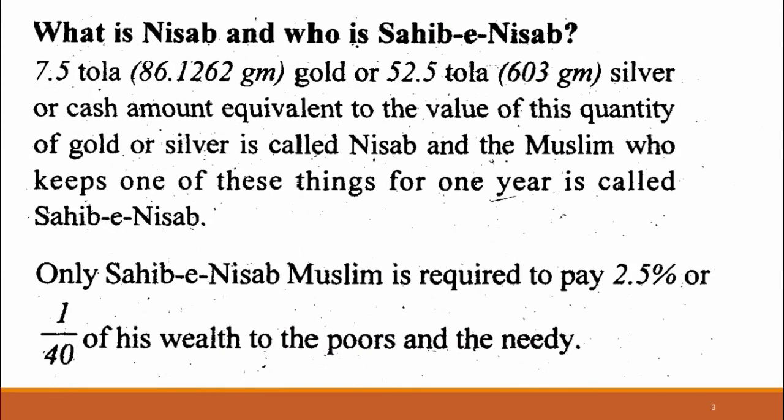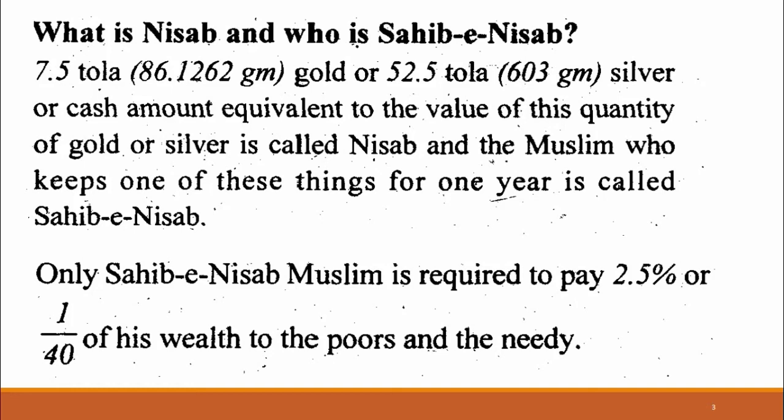7.5 tola gold and 52.5 tola silver, or the cash amount equal to this amount. Gold or silver is called nisab, and the Muslim who keeps one of these things for 1 year is called Sahib Nisab. Only a Sahib Nisab Muslim is required to pay 2.5%, or 1/40, of the wealth to the poor and needy person.